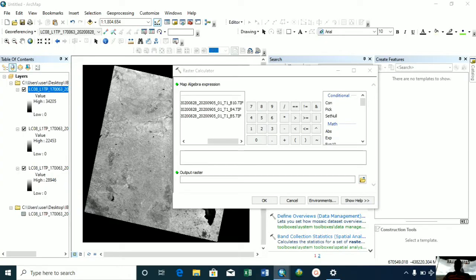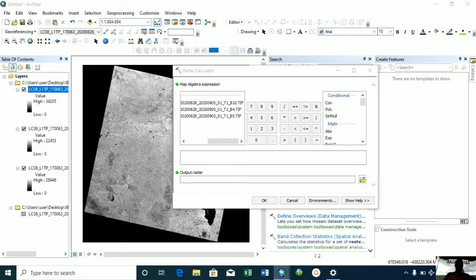As I have said, in order to get the land surface temperature, there are 3 important steps you have to understand. The first step is conversion to the top of atmosphere radiance, step number 2 is conversion to the top of atmosphere brightness temperature, and step number 3 is conversion of the brightness temperature to the land surface temperature.